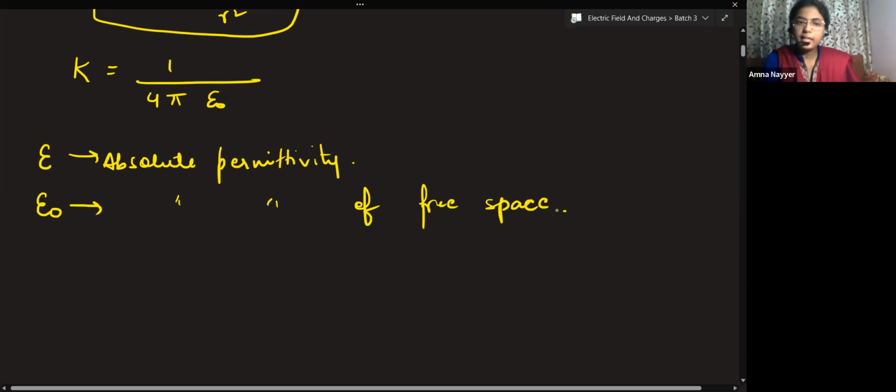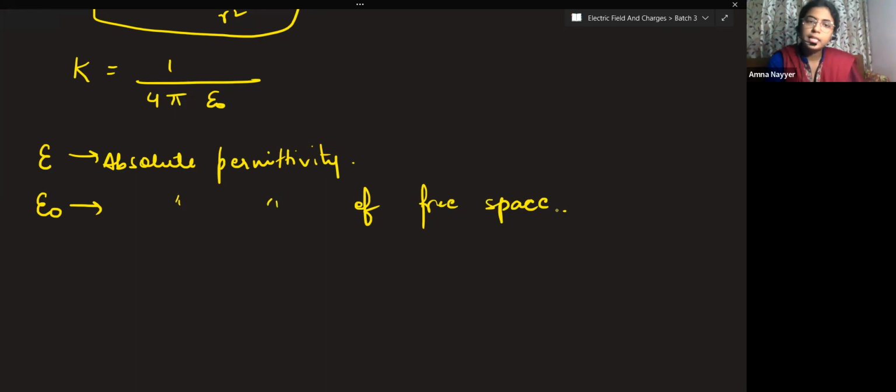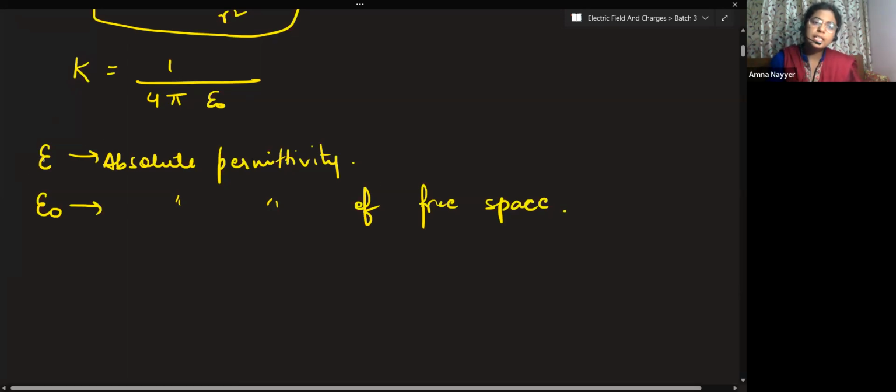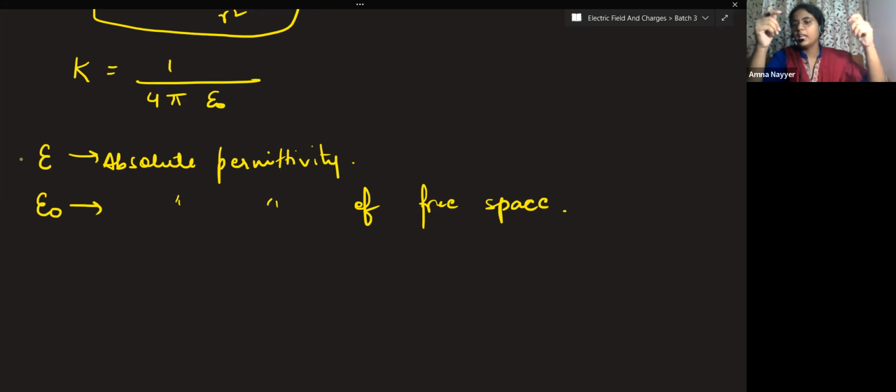Now, this governs the dependency of force on a certain medium. If I give you two charges kept in air, then F is equal to K Q1 Q2 divided by r square. What if I put those two charges in water? Due to this absolute permittivity, since your medium has changed from air to water, your force will also change.